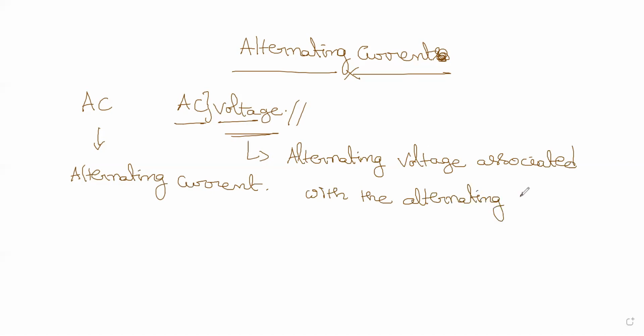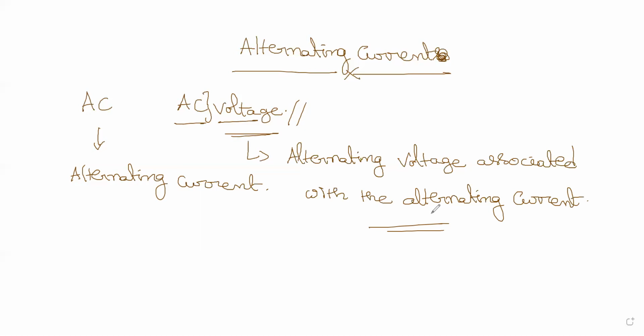These are the two things we discuss in this particular topic. What is alternating voltage? Alternating voltage is the voltage associated with the alternating current.